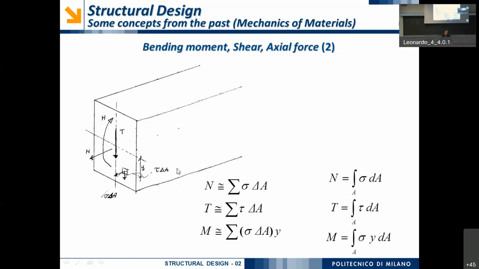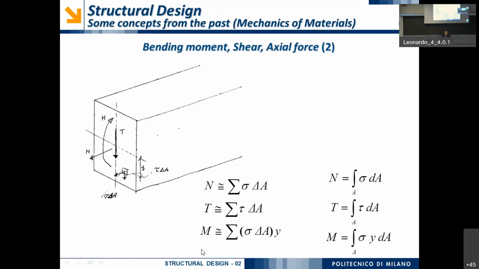In order to highlight that these internal actions are resultants, we can divide the cross section in small pieces of area delta A, and we assume that for every small piece there is a normal pressure and a tangential pressure, okay?